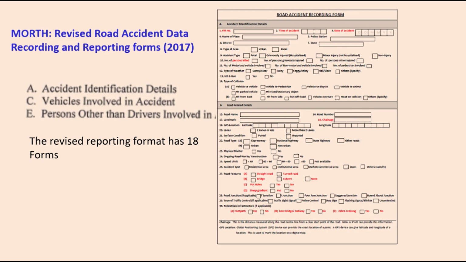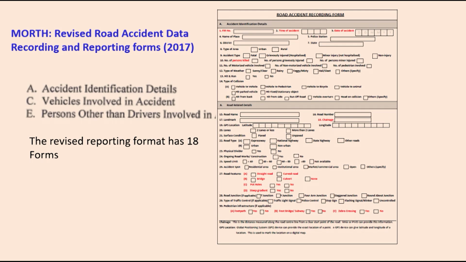One other change here is that they had latitude, longitude. I do not know where it is written, maybe it might be on the next page. Here type of roadway is also there.